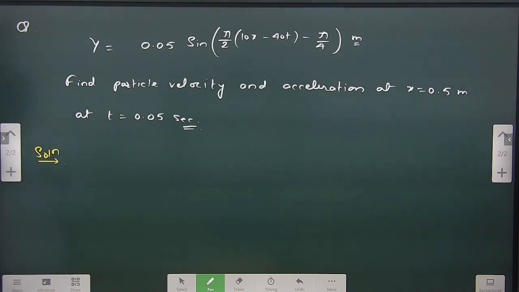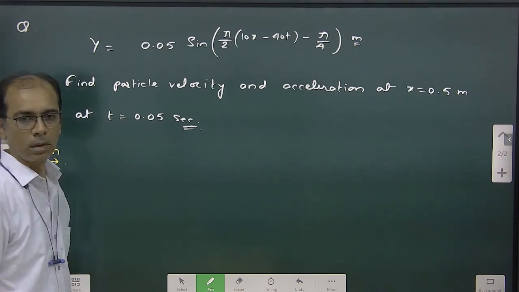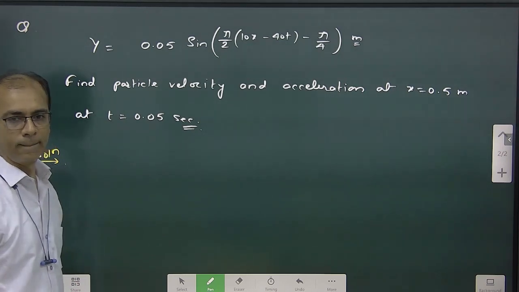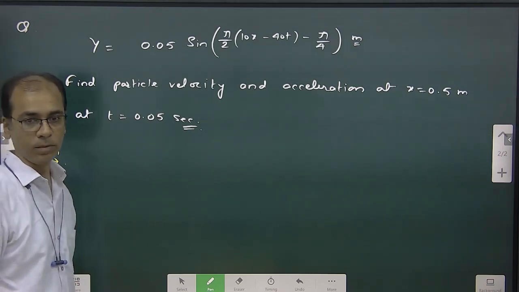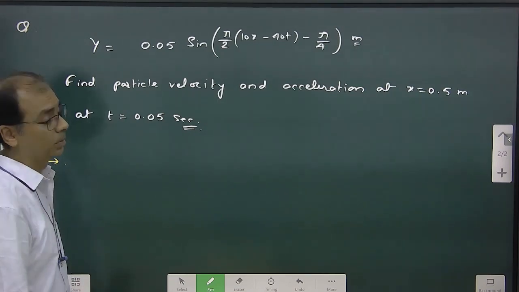What to do in this case? He is not asking maximum velocity from us. Maximum velocity would be a omega. He is not asking maximum acceleration.